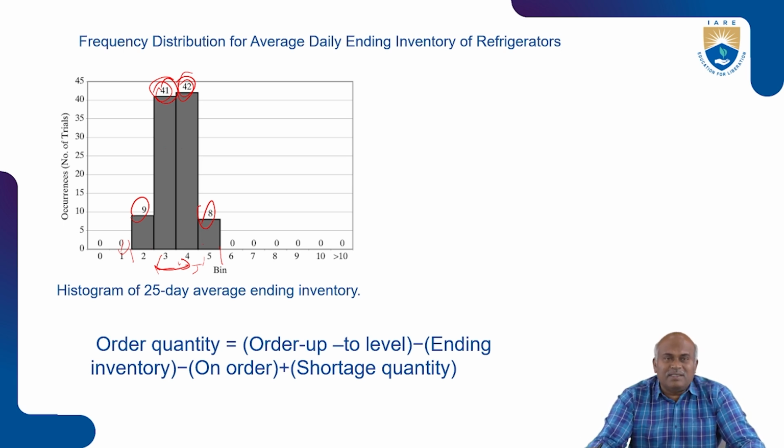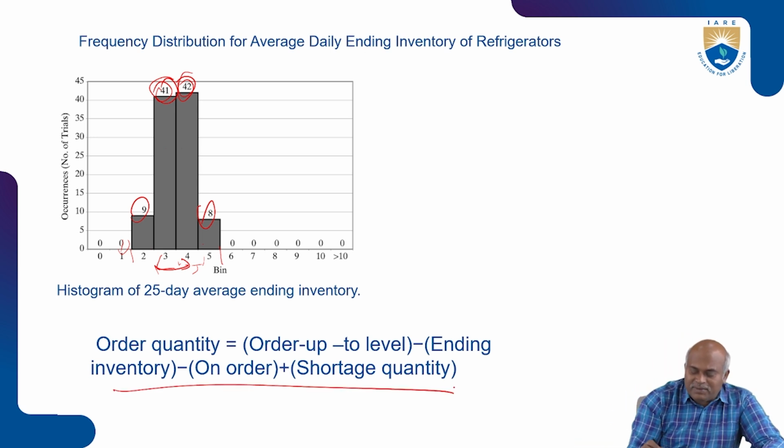For the next case, if you need to find the order probability, we go for the order up to level, then ending inventory, then minus on order inventory, then plus shortage of inventory.